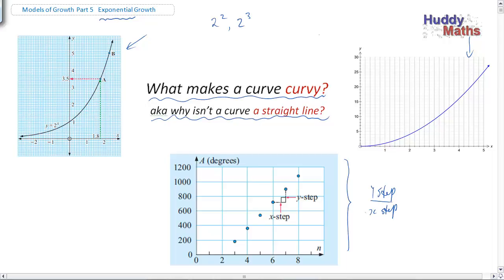Let's try and do a y step over x step for a curvy dude. So if we came on here at the value 2, it looks like y is 4. If we go to the value x is 3, it goes up to 9. So a step of 1 in x is an increase here from 4 to 9, a step of 5.